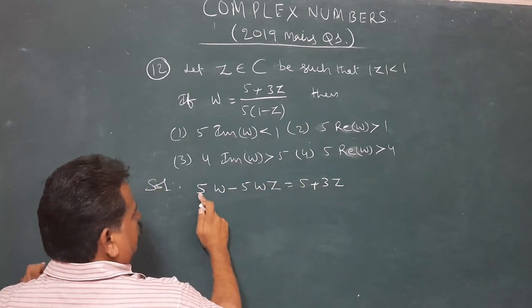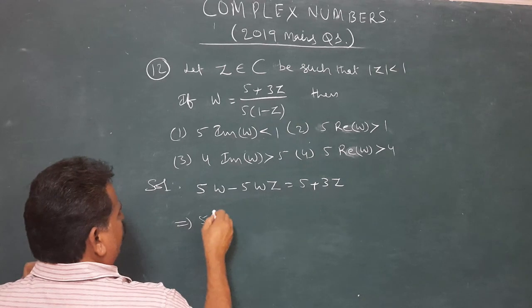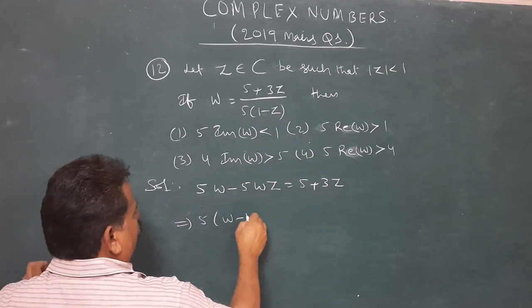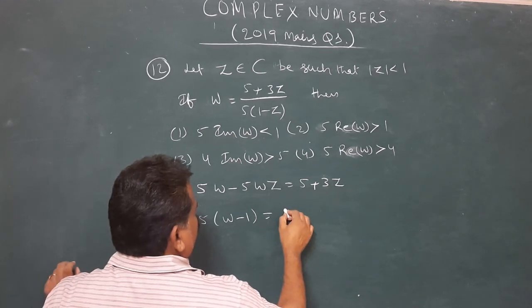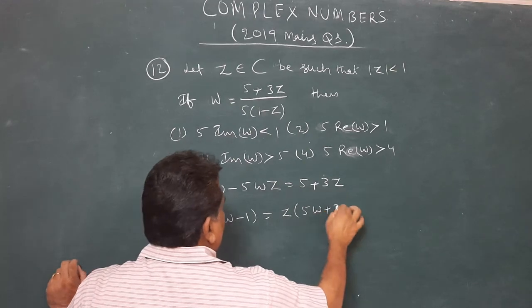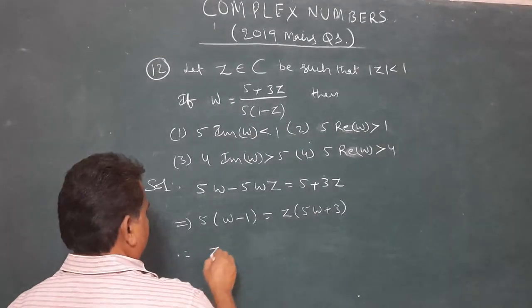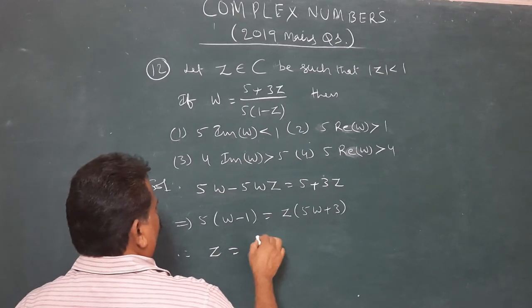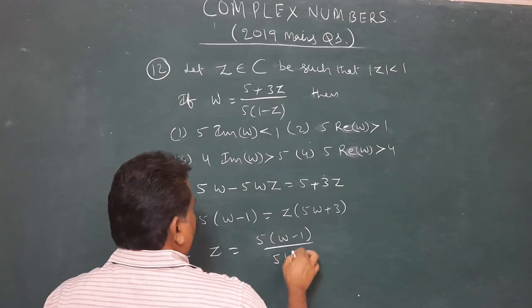Take this side and 5w that side, which implies 5(w − 1) is equal to z into (5w + 3). Therefore, z equal to 5(w − 1)/(5w + 3).